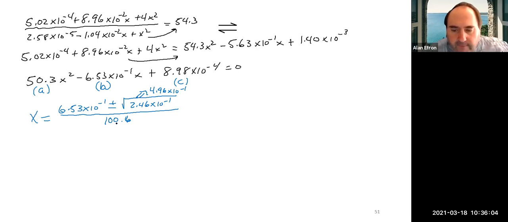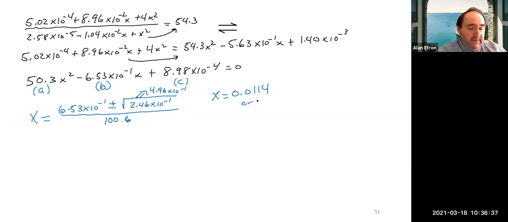At this point, we now have everything we need to get our two x values. So we'll do the positive first. The 6.53 to the minus 1 plus the 4.96 to the minus 1 divided by our 100.6, looking like we end up with 0.0114.